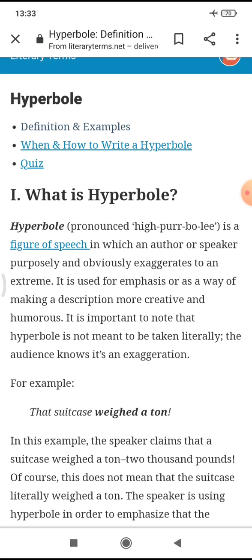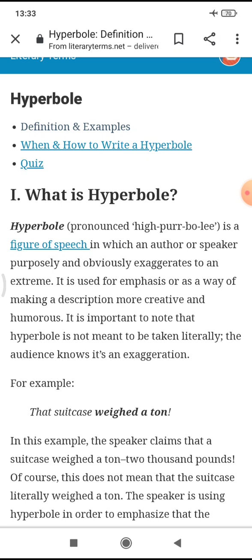So this is a hyperbole, when a statement is exaggerated. In this example, the speaker claims that a suitcase weighed a ton, 2000 pounds. Of course, this does not mean that the suitcase literally weighed a ton.